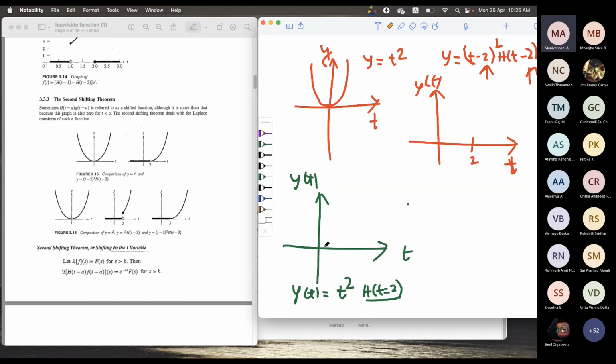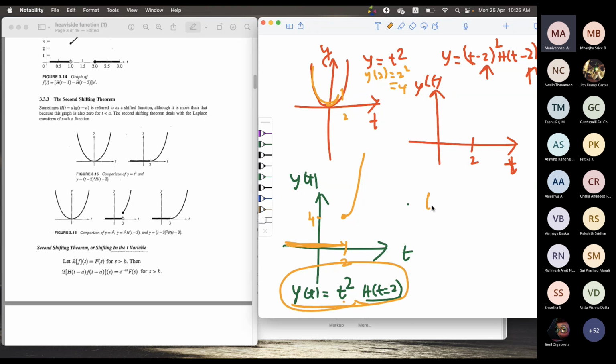Like our previous example, until this 2 we make the curve 0. After 2 onwards, what about y at 2? It is 2 square, which is 4. So the height is 4, the point 2 comma 4, and it has this nature. This is t square into h of t minus 2.